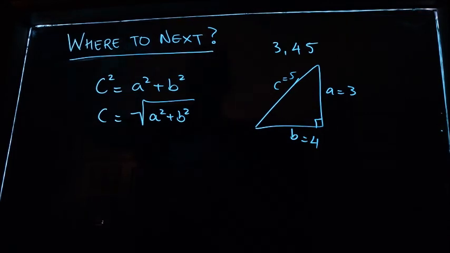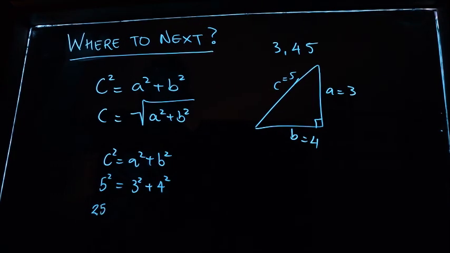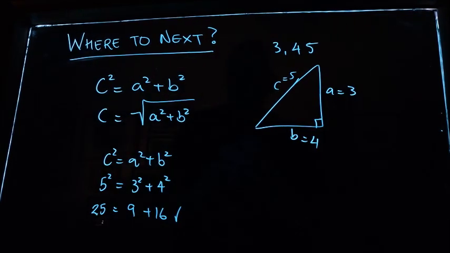Let's just demonstrate it using the formula a squared plus b squared. And so what we're saying here is 3 squared plus 4 squared. And what's that equal to? It's got to be equal to 5 squared. And let's check this out. 5 squared is 25. 3 squared is 9 plus 16, and that actually remains true.